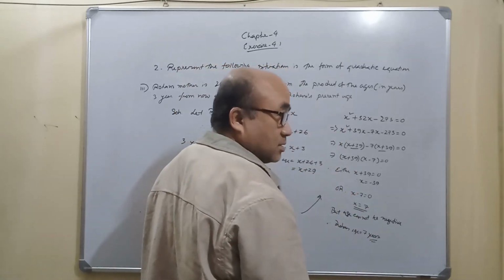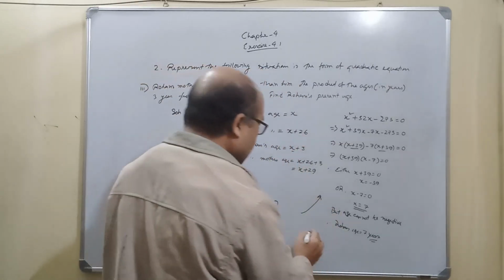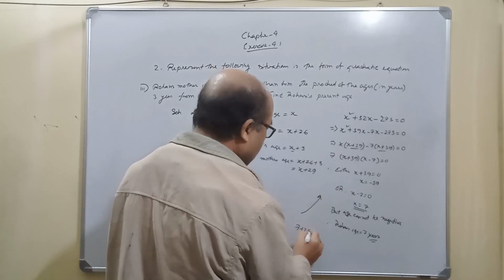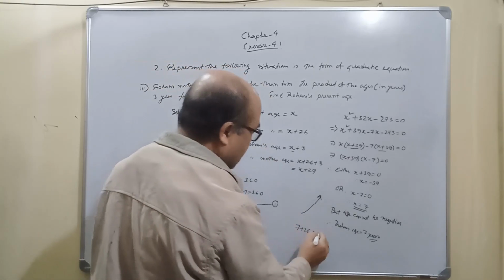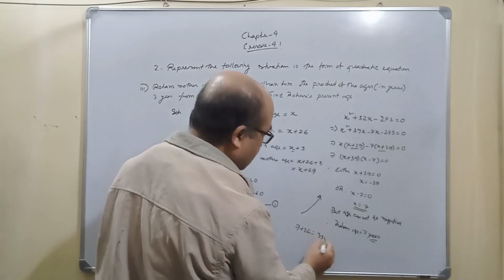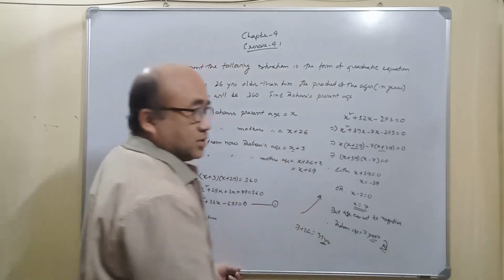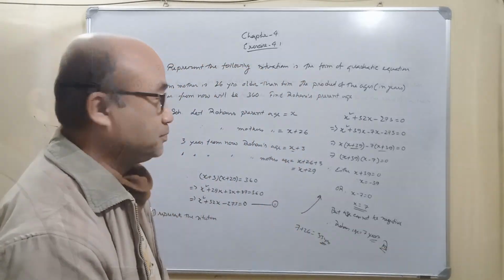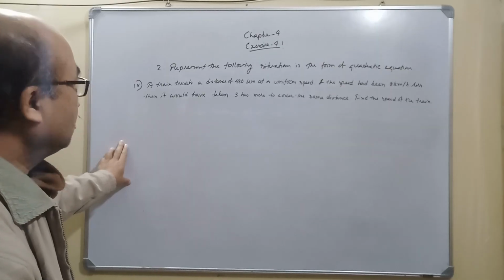We have to find Rohan's age. And what is Rohan's mother's age? If someone asks you, it is 7 plus 26, because she is 26 years older, so she is 33 years old. But this is your solution. And this is the fourth problem from question number 2.